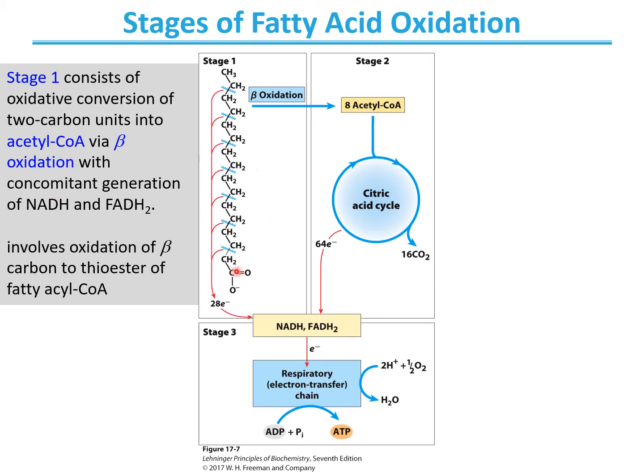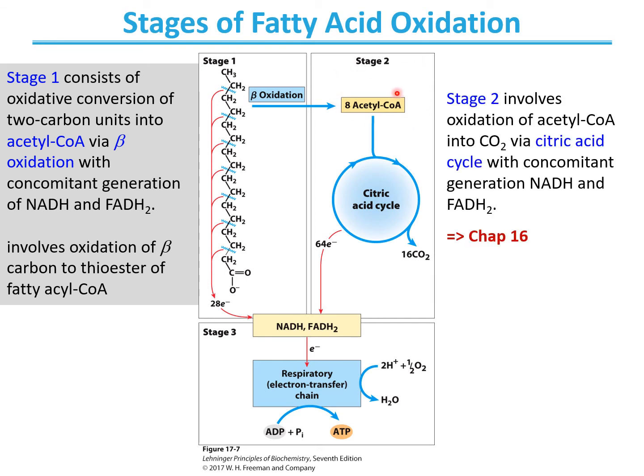Each unit will generate 1 acetyl-CoA. So in total, for 16 carbons, we will generate 8 acetyl-CoA upon beta oxidation of palmitic acid. Then in stage 2, these acetyl-CoA will enter the citric acid cycle and generate NADH and FADH2.